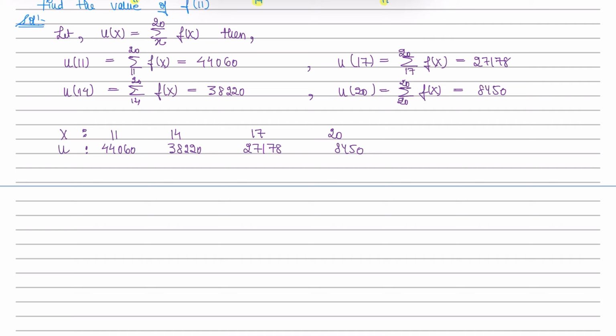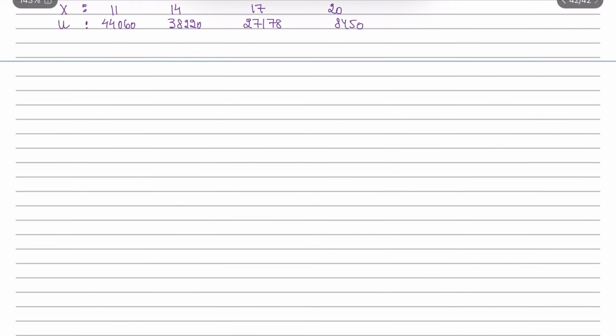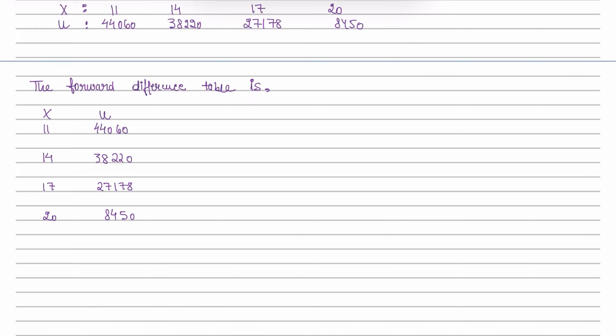Since in this question we are asked to find the value of f at point 11, which is in the beginning of the table, we have to use the forward difference table only. The corresponding forward difference table will be, the first forward difference will be u1 minus u0, which is equal to minus 5840, and the next value of this column will be u2 minus u1, which is equal to minus 11042, and the next entry will be u3 minus u2, which is equal to minus 18728.